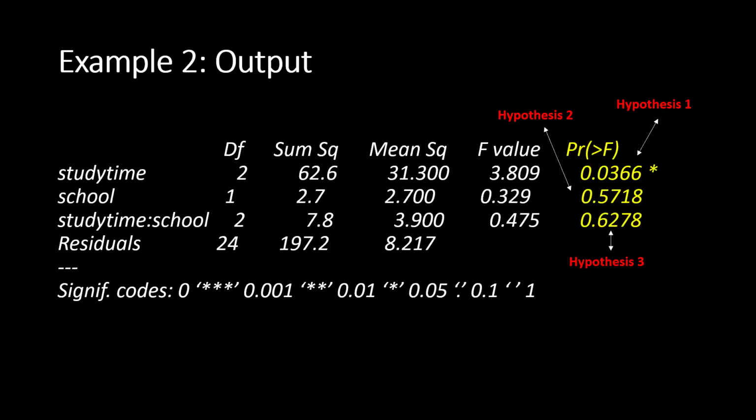Here's what our output will resemble. So we have study time, school, and study time interaction with school. So this is the p-value for hypothesis 1, study time, our p-value for hypothesis 2, school, and our p-value for the interaction between study time and school.